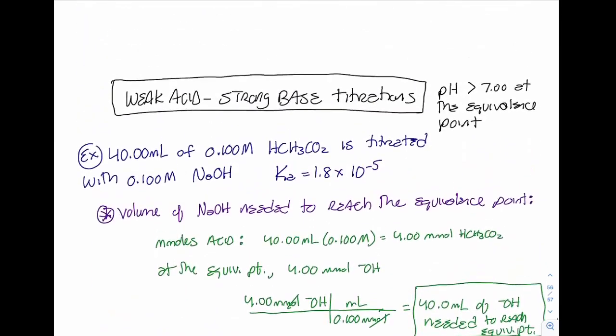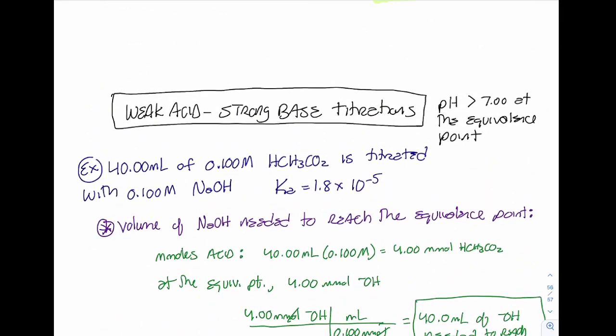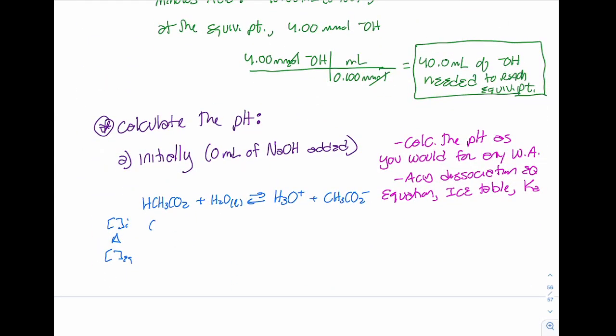Initially, my concentration of acetic acid, we go back up to the problem, is 0.1 molar. Water doesn't have a concentration, 0 and 0, minus x, plus x, plus x. 0.100 minus x. For equilibrium concentration, though, I am going to ignore that minus x because my Ka is less than 10 to the negative third, x and x.